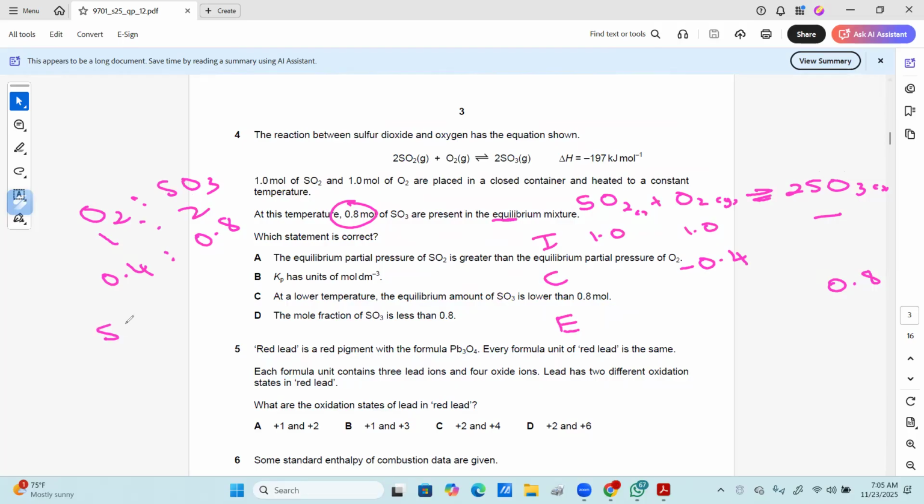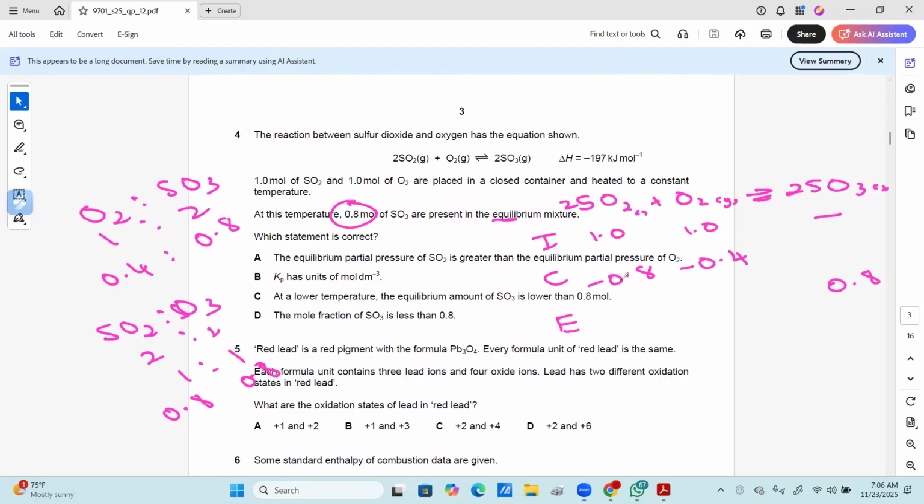In the same way, we can find the change or the reacted amount of sulfur dioxide. The ratio is 2 to 2, 1:1. That means if this is 0.8, the moles of sulfur dioxide will also be 0.8, which means 0.8 sulfur dioxide has been used to form 0.8 moles of sulfur trioxide.